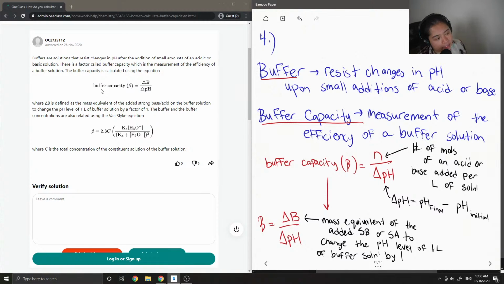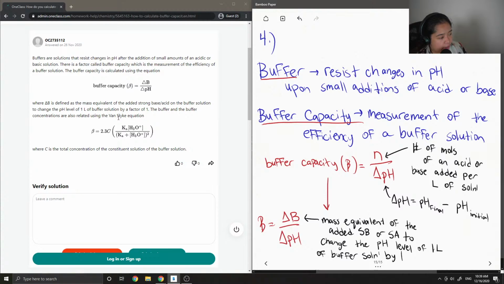The buffer capacity is calculated using the equations. Buffer capacity is equal to delta B over delta pH. Delta B is defined as the mass equivalent of the added strong base or acid on the buffer solution to change the pH level of 1 liter of buffer solution by a factor of 1.